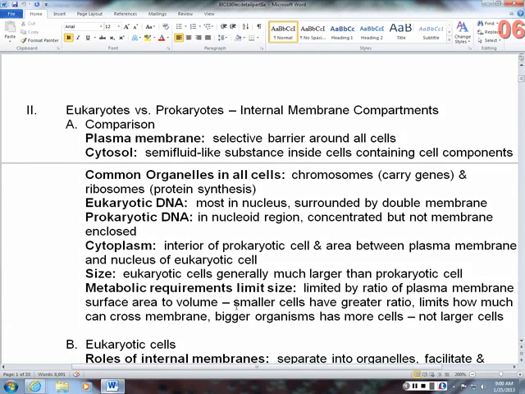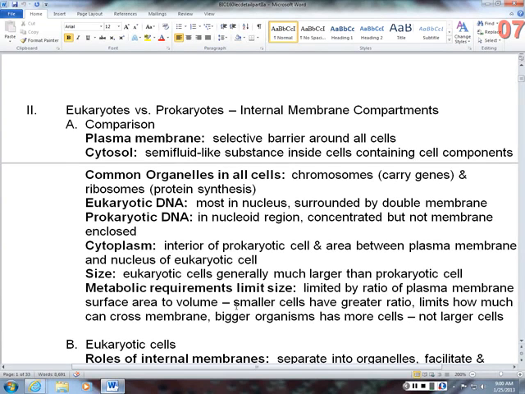The prokaryotes don't. So the plasma membrane that both are going to have is going to be a selective barrier around the outside of cells. That is its wall between the cell and the outside world. Some of them will have additional walls or capsules around there, but your animal cells are going to just have that membrane that separates them.